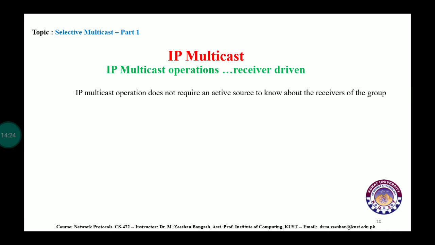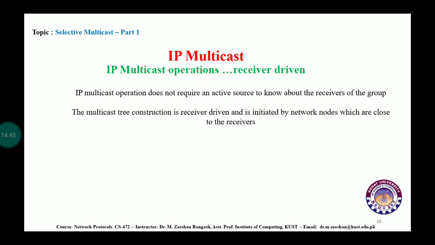The source only sends the information targeted to a multicast group IP as the destination. The receivers only have a prerequisite operation: they need to be members of that group. The multicast tree construction, again, is receiver driven, and is initiated by network nodes which are close to the receivers.